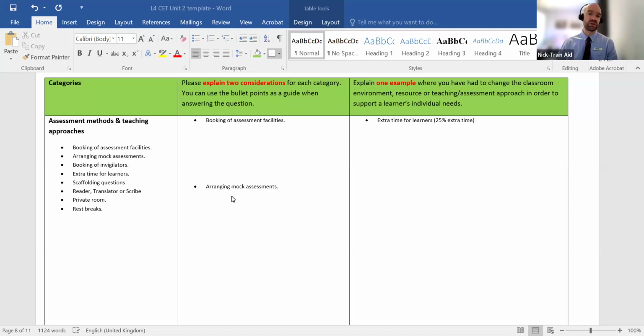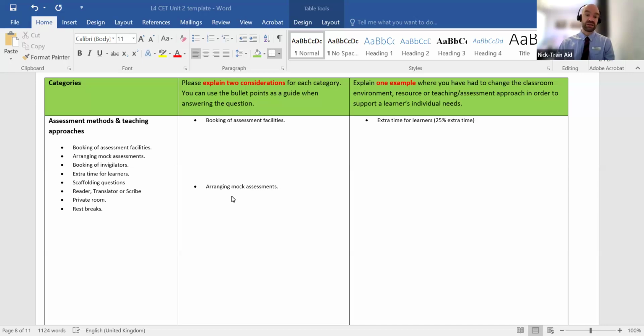And also another thing I used to do is arrange for mock assessments as well. So I found that with providing mock test papers, this gave learners reassurance that they've got time to prepare for their final exam by doing a mock assessment, so they get used to the exam conditions. They feel more reassured when they go into that final examination.